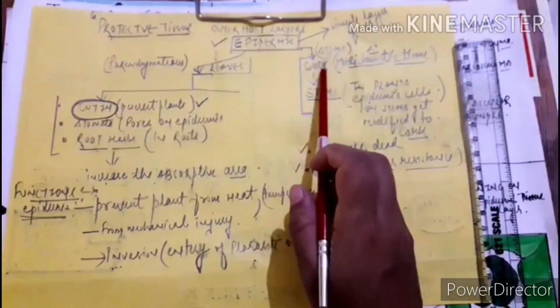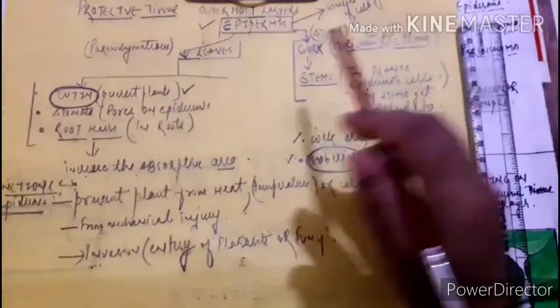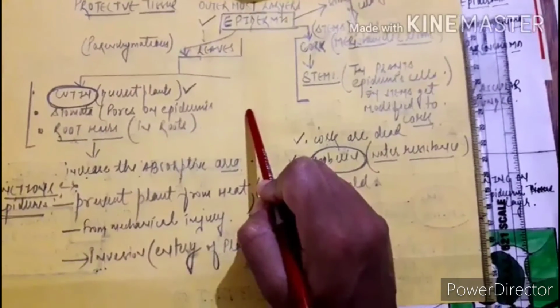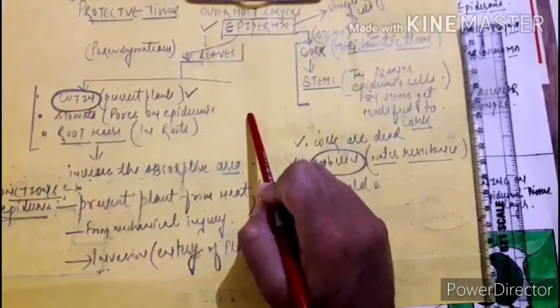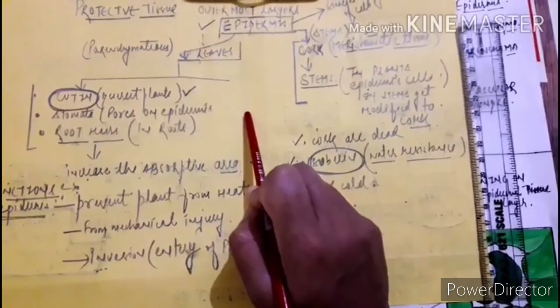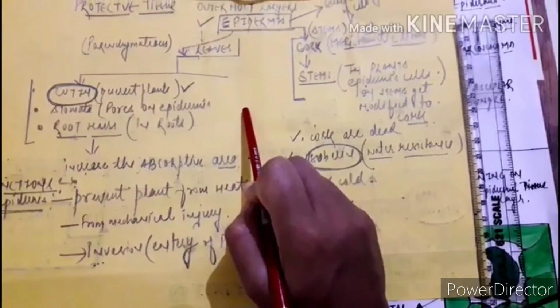Now let's check a little background of these two tissues. What is actually epidermis? Till now we discussed the permanent tissues like collenchyma, parenchyma, sclerenchyma on the basis of cell types, whether they are living or dead, whether they are dividing or non-dividing.